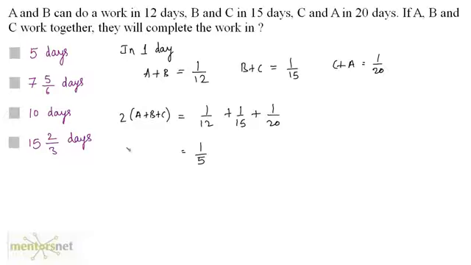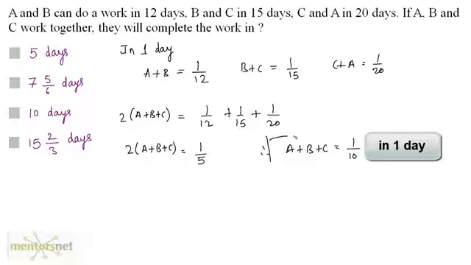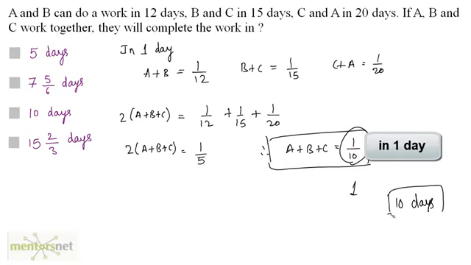On the left hand side I have twice of A plus B plus C, and therefore A plus B plus C is going to give us 1 by 10. So in how many days will they do the complete work? That comes out to be the reciprocal of the fraction of the work done, and that's going to be 10 days. Right, so our answer is option C.